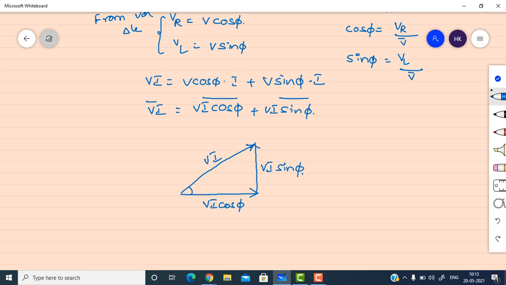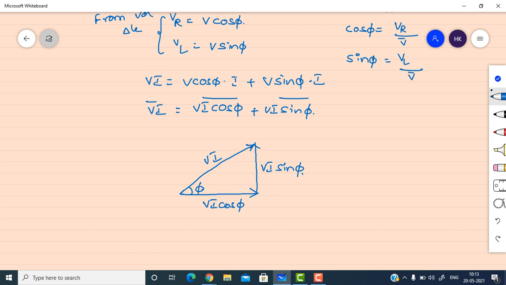So in the power triangle, we have three powers here. VI cos phi is power, VI sin phi is also power, and VI is also power. In the voltage triangle, all the sides of the triangle are voltages only. In the same way, in the power triangle, all the sides of the triangle consist of power only.